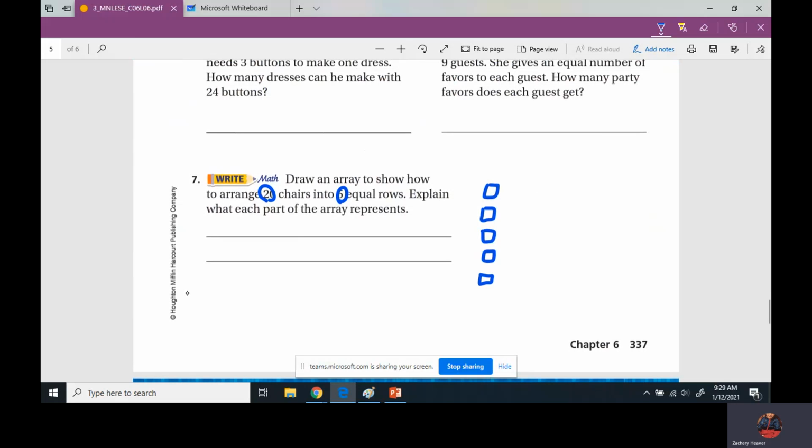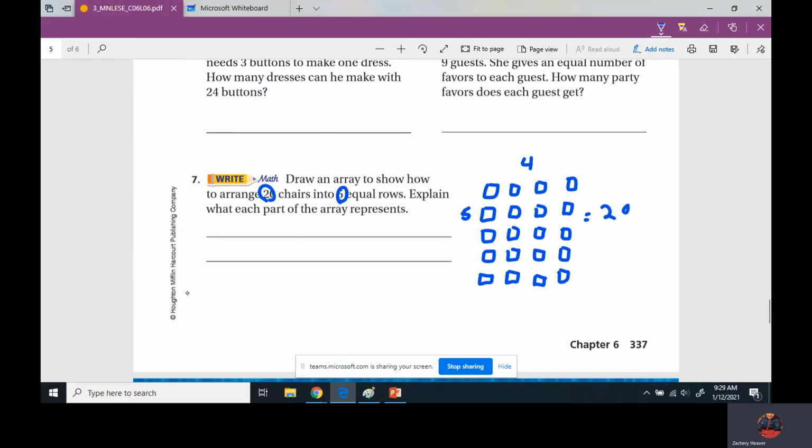And let's just count to 20. 5, 6, 7, 8, 9, 10, 11, 12, 13, 14, 15, 16, 17, 18, 19, 20. So we have 5 rows of 4, which equal 20.